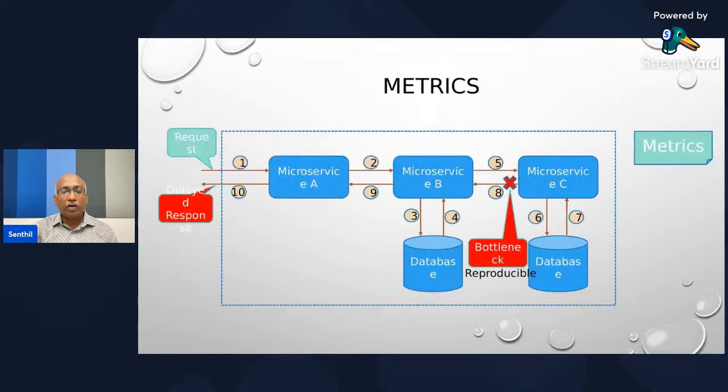Now, first of all, you might be very familiar with metrics. Let's say you have a distributed application made up of multiple microservices. A request is sent to the application, and in this case the request comes to microservice A, traverses various different microservices, and then the final response is sent by microservice A. Let's say there is a delay in receiving this response, and you, as an application developer or perhaps a DevOps engineer, want to understand where the bottleneck is.